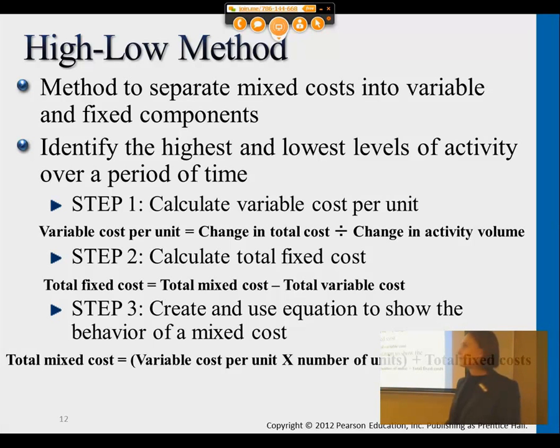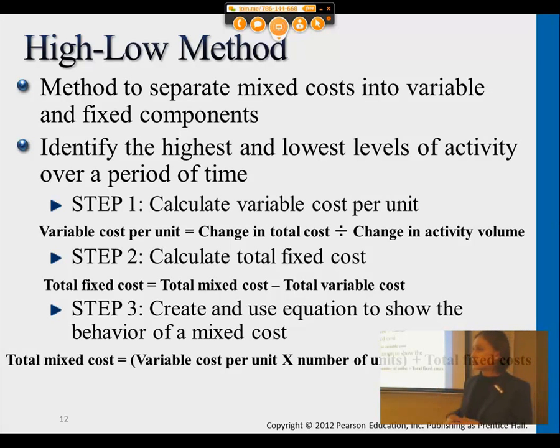So a high-low method kind of speaks for itself. What I'm going to do is take some number that's going to be the highest and some number that's going to be the lowest, and then do some computations and get a fixed and a variable cost. So let's look in detail.